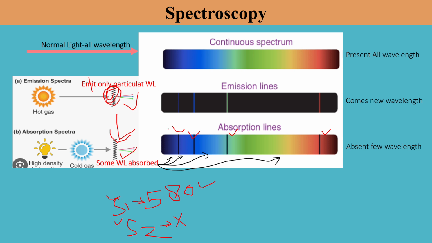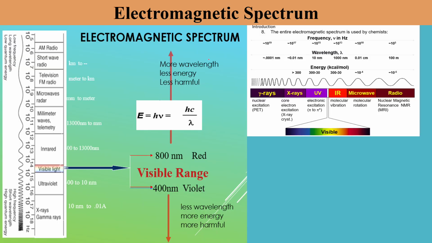So in the emission spectrum you can see bright lines. These bright lines mean the sample emits such frequencies or wavelengths. In the continuous spectrum there is no absorption and no emission. If the spectrum is recorded with normal white light, this type of spectrum is called a continuous spectrum.